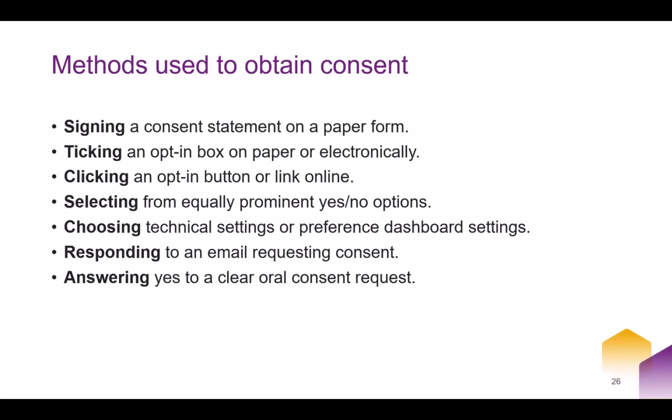And you can see that all of these methods fulfill the conditions that are required for consent. So yeah, you could use any of these. These are recommended by ICO.